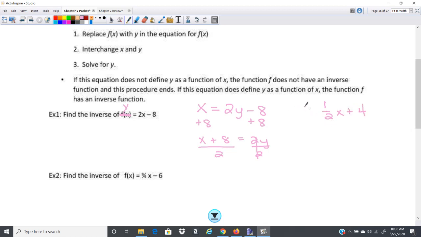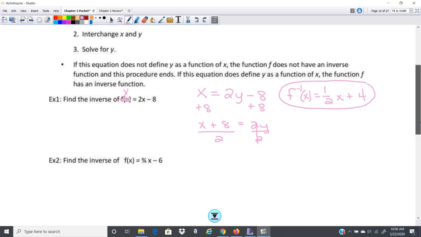The way we notate an inverse function is f to the negative 1. That negative 1 means inverse. So f to the negative 1 of x equals 1/2 x plus 4.